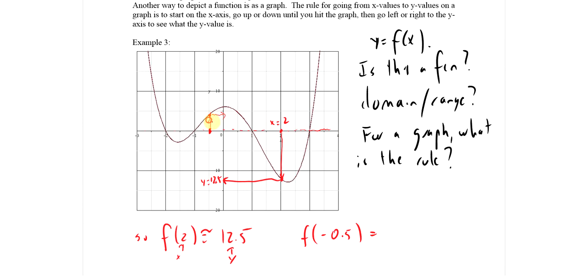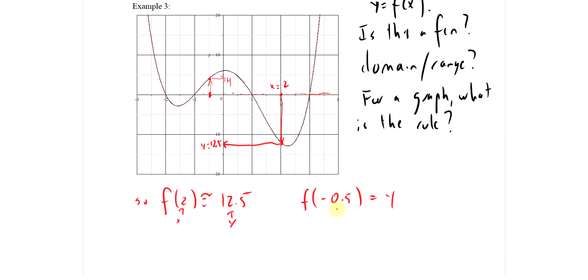And so this is 5, so this is about 4, say. And again, reading this notation, this is the x value. I start on the x-axis, my domain. My y is 4. And that's my y value on the y-axis.